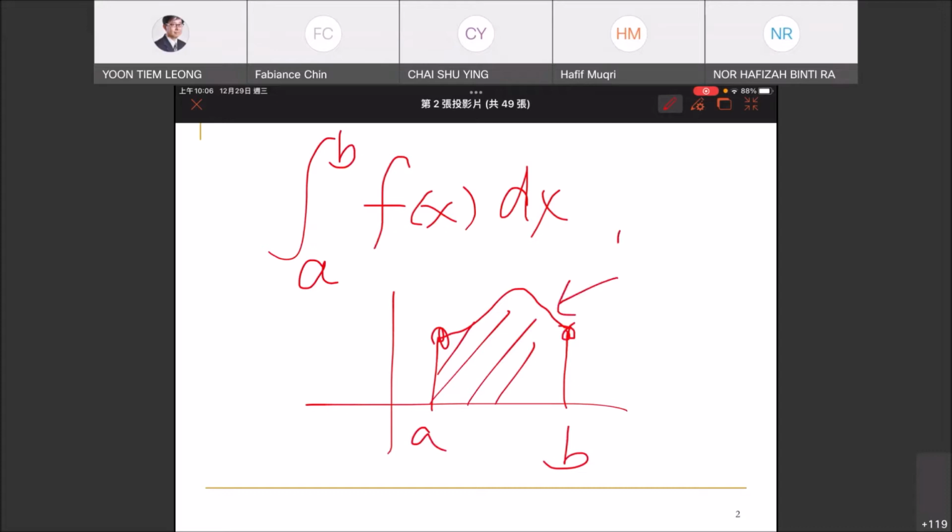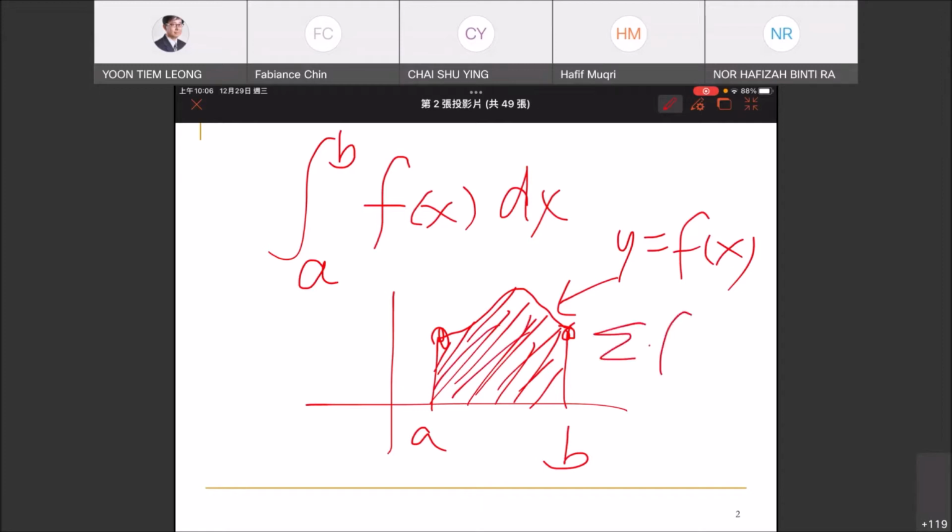So this is a function y equals f(x). The area that is represented here is calculated using the Riemann sum. So you calculate the Riemann sum of c_k delta x_k, then you sum from 1 to infinity.